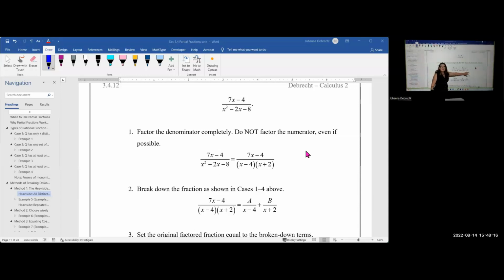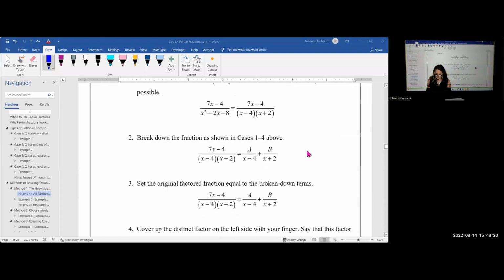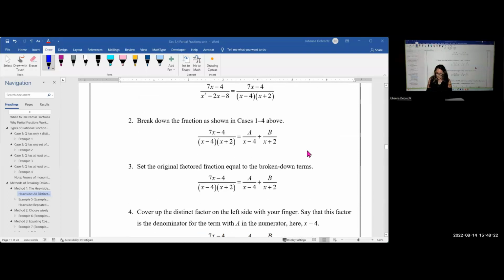So we factor it completely into x minus 4 times x plus 2. Then we're going to decompose that using the method that we just talked about with the 4 cases 1 through 4 up above. So now we decompose this. We have 2 linear factors that are distinct, different, and don't repeat.